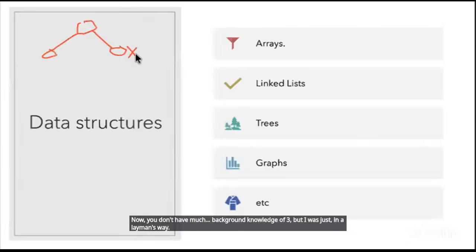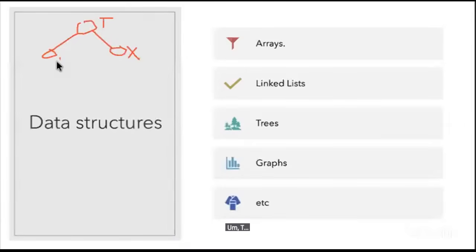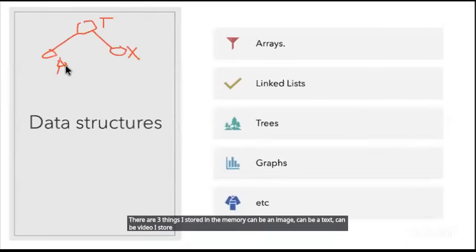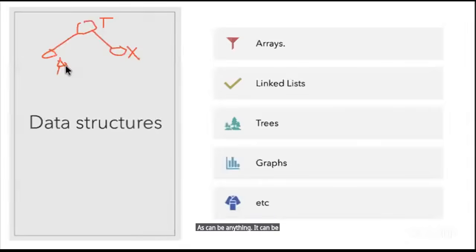I want to search for X. There are three things I stored in the memory: T, A, and X. This T can be an image, a text, or a video I stored in my computer memory. X can be anything. It can be text, audio, or a diagram I drew. A can be anything. So there are three things I stored in the memory.